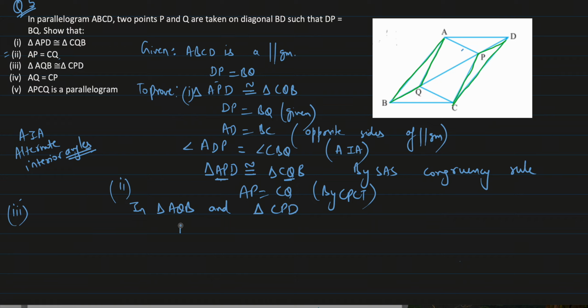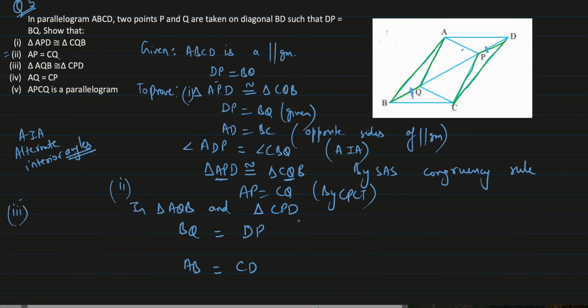Again, we have BQ equals DP. This BQ equals DP, right? And then I have AB equals CD. This I'll write as given. This is again opposite sides of a parallelogram.